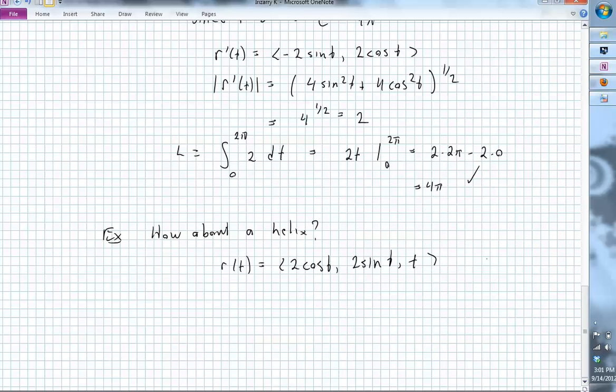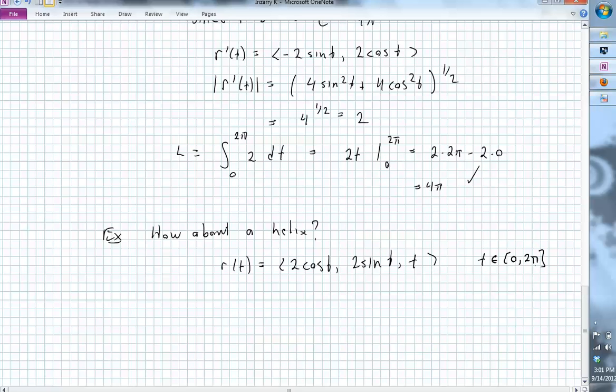Let's stay on the same interval, and let's think about this qualitatively. Is L longer, the same, or shorter than the previous example? Longer, right? Because not only does it trace out a circle when I look down from above, but in fact it has to rise up.